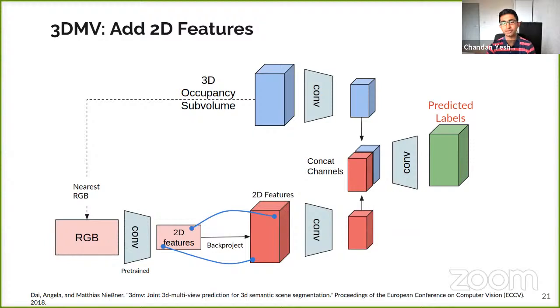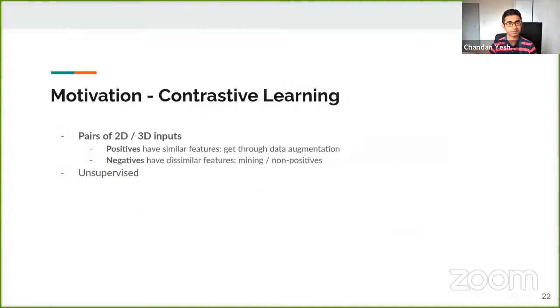And this was shown to give a very good improvement over using 3D alone, especially on objects that would be better seen from images, such as smaller objects which don't have a very clear structure when you look at them in 3D. Say something like flat objects, like a television that is flat on the wall, right? These things that are not very clear using voxel grids alone become more clear when using 2D features.